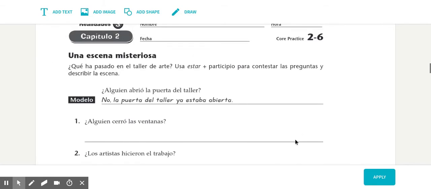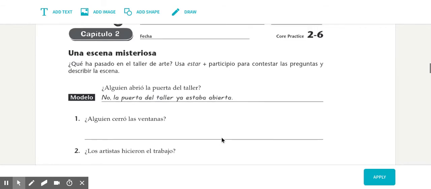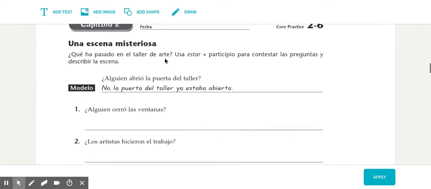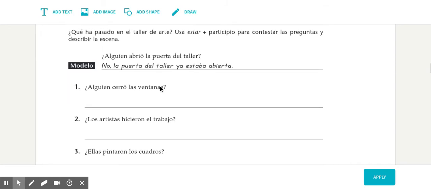Okay, una escena misteriosa, going to 2-6. ¿Qué ha pasado en el taller de arte? What has happened in the art workshop? Usa estar o participio para contestar a las preguntas y describir la escena. So use estar and the past participle of the verb, right? ¿Alguien abrió la puerta del taller?